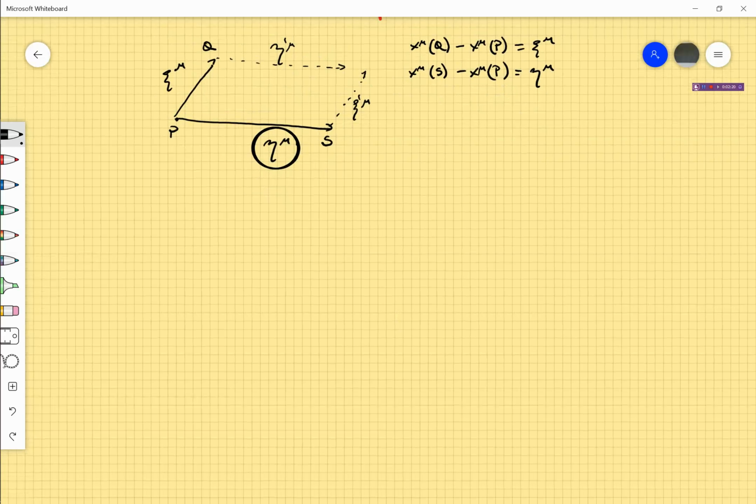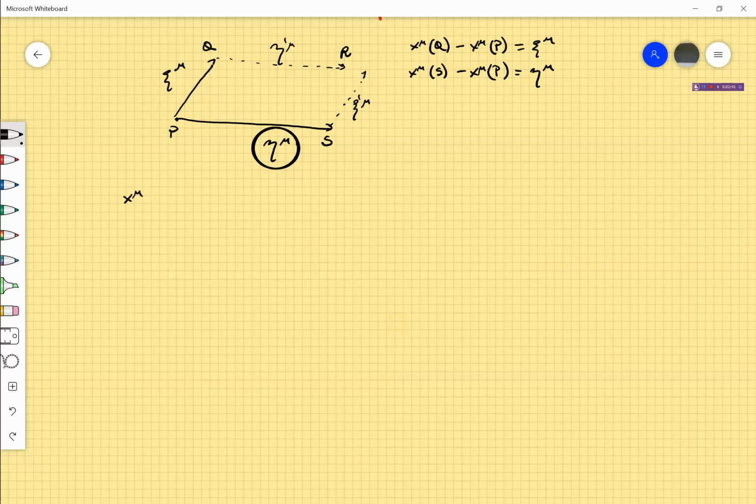This point here, let me call it R, will have coordinates that are the coordinates of x at P plus psi mu plus eta prime mu.